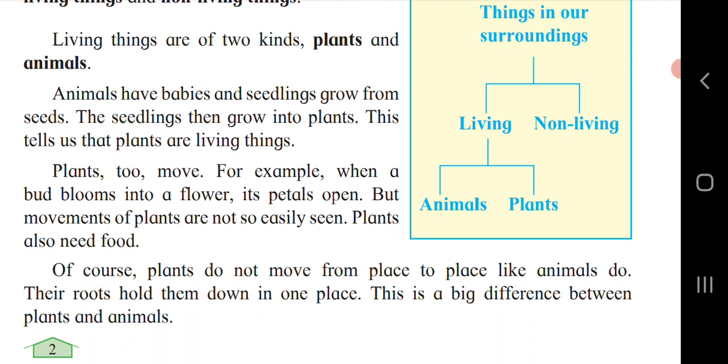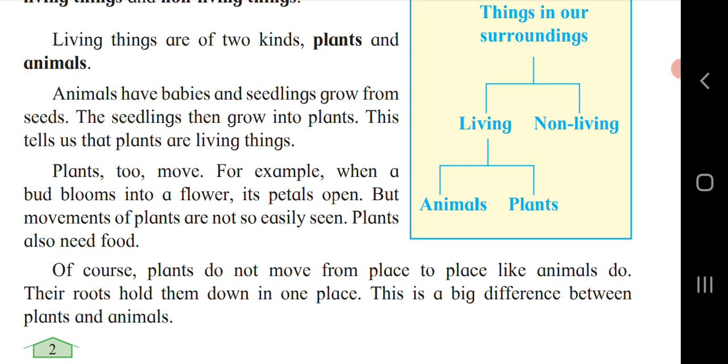Plants do move. For example, when a bud blooms into a flower, its petals open. But the movement of plants is not easily seen. Yes, plants move, but their movement is not easily visible.